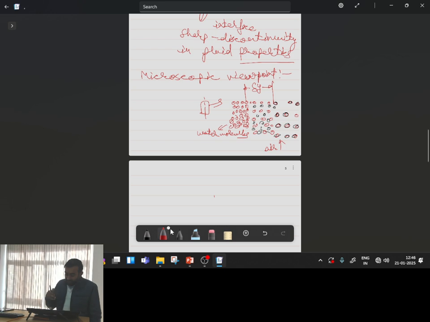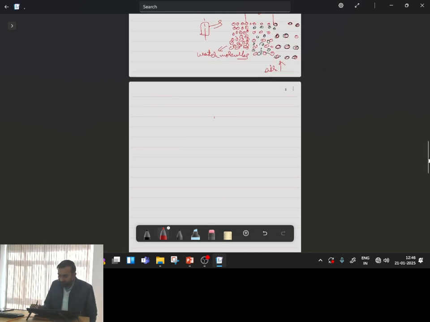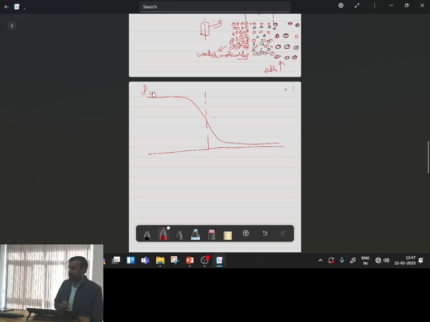So in the microscopic way, once we have this type of system, we will not experience a sharp discontinuity in properties across the interface, but we will have a very smooth transition. Here density is equal to the density of water, here density will be equal to the density of air, and this particular band across which there is a smooth transition in the property, that band we can call our interface.